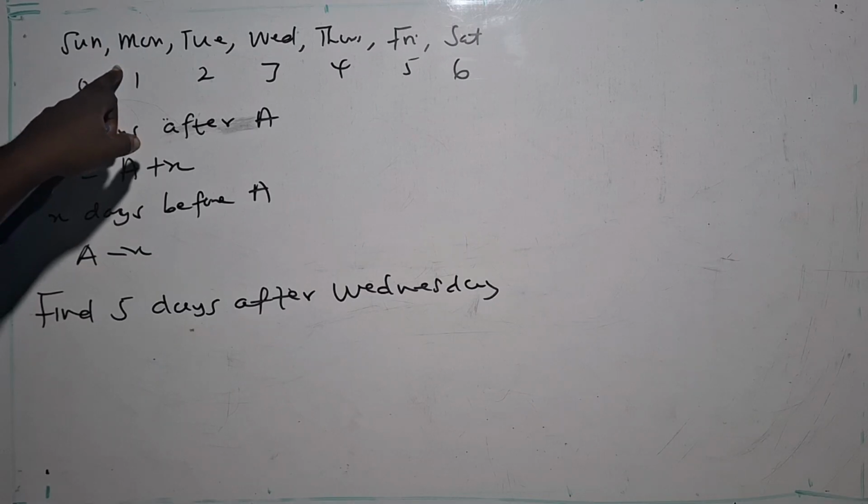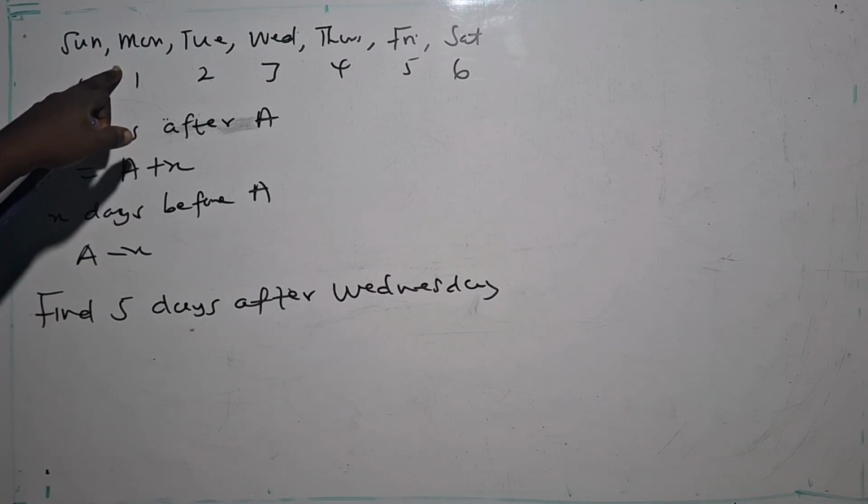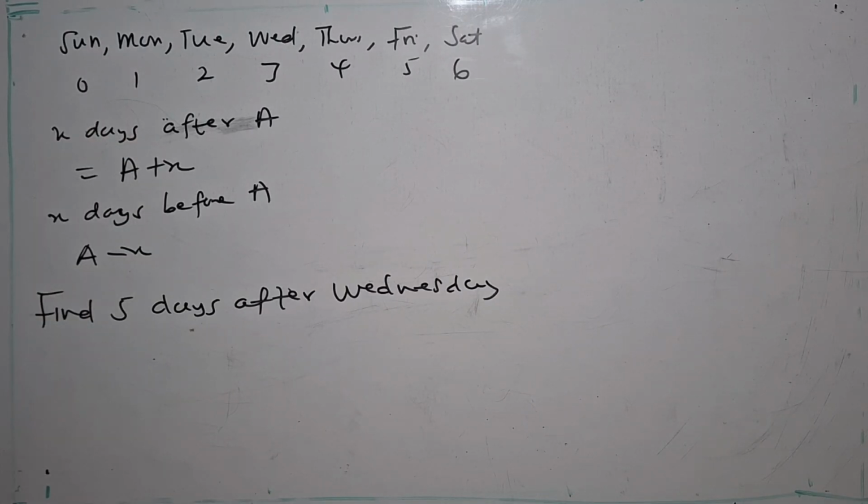Which falls on which day? Falls on Monday. Now let's apply modulo. One thing you need to understand is that we have 7 days in the week. So we are going to work with mod 7, just as we work with mod 12 when we have 12 hours.